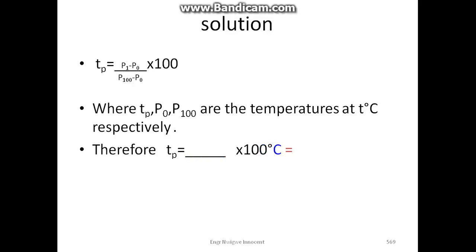Therefore, Tp is equal to 490 minus 325 all over 875 minus 325 times 100 degrees centigrade, which will give us 30 degrees centigrade, which is now equal to 30 degrees centigrade plus 273, which will give us 303 Kelvin.